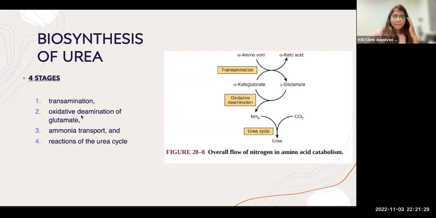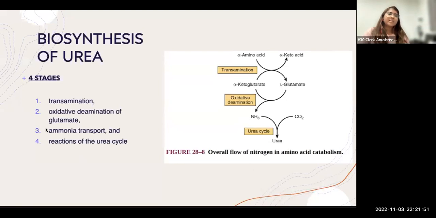Take note of this point. Glutamate undergoes oxidative deamination. It releases the ammonia, converts back into alpha ketoglutarate because it gave the ammonia. And now the ammonia enters the urea cycle, combines with CO2 to form urea.